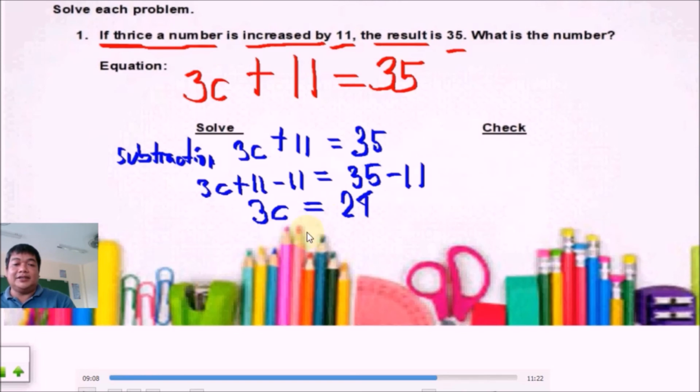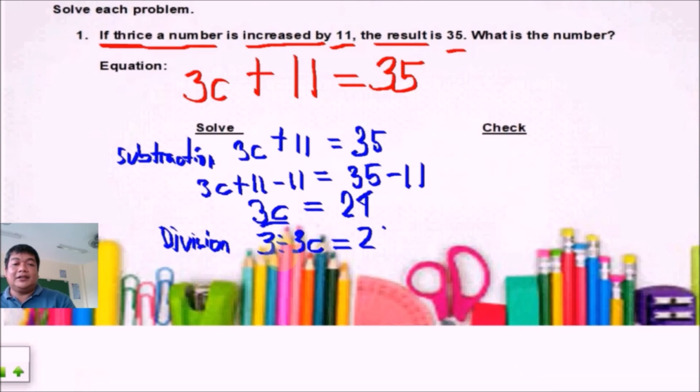We have here the equation 3c is equal to 24. To get the value of c, we use the property of equality, which is division. Since our operation here is 3 times c, we are going to divide both sides by 3 to eliminate 3 here.